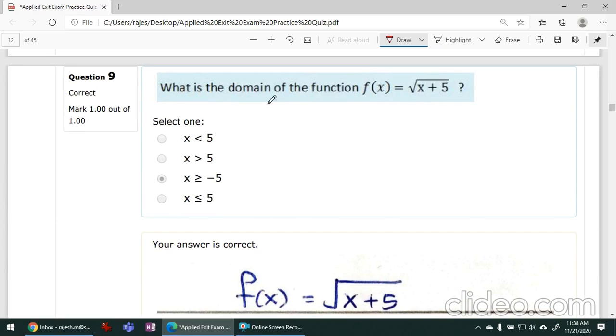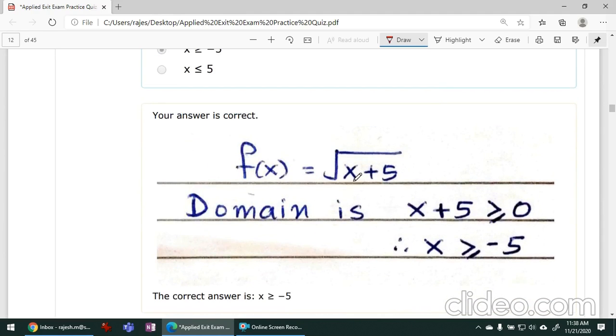What is the domain of the function f of x equal to square root of x plus 5? How will you find the domain here? You have to see what is inside the square root. f of x equals square root of x plus 5. If you have a square root, then this expression x plus 5 should be more than or equal to 0.